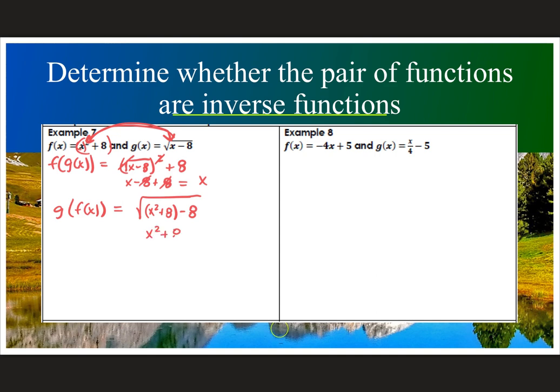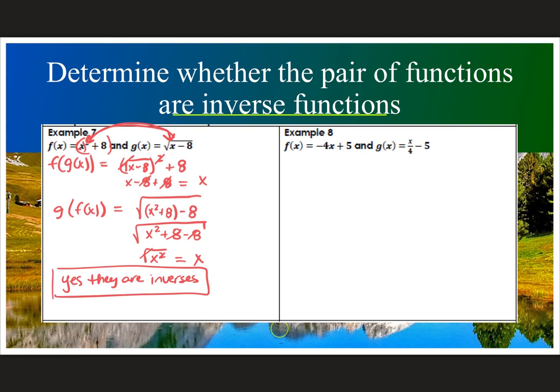So I've got the square root of x squared plus 8 minus 8. But we know that positive 8 and negative 8 add up to 0. So it's basically the same thing as the square root of x squared. Well, the square root and the squared are opposite, so this also equals x. So we would say yes, they're inverses, because they both equaled x.